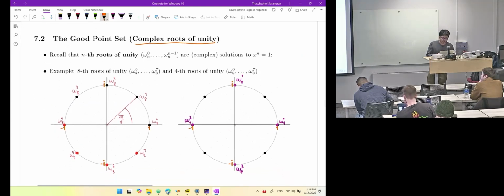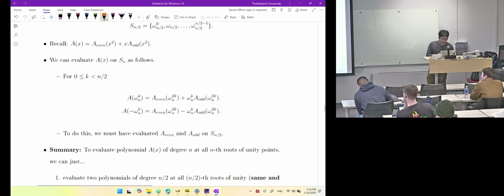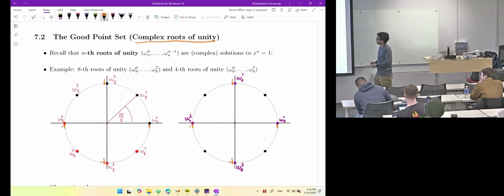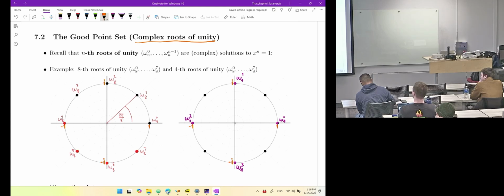So what I'm going to do today, I might not finish actually, but let me at least try to let you see how good this root of unity is, and then we're going to finish the whole algorithm next time. So let's recall what a root of unity is. When you look at x to the n equals 1, all the solutions of this equation in the complex plane look like this.